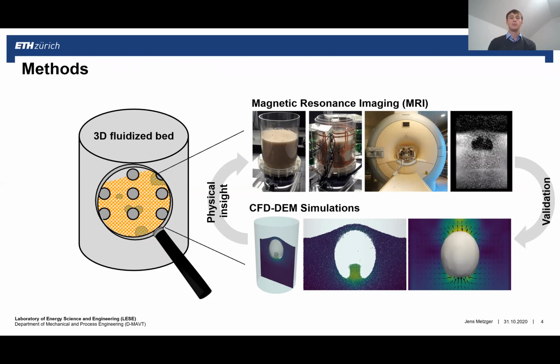And secondly, we want to use CFD-DEM simulations that give us access to more sophisticated particle quantities like single particle trajectories and mixing, but can also be used to show the gas phase flow, which is not accessible via MRI. Both techniques have a symbiosis where the MRI experiments validate the CFD-DEM simulations, and the simulations give additional physical insight into the problem.